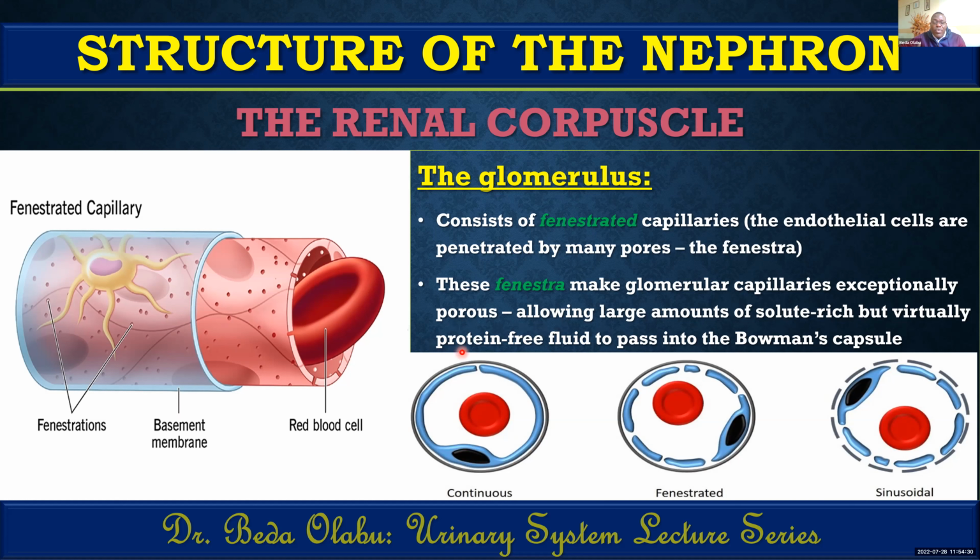The reason the plasma proteins do not pass through is because they're large and also negatively charged. There's something we're going to see that makes negative charges not go through. So anyway, the fenestra allow large amounts of fluid to pass through in the process of glomerular filtration. So anyway, that is the glomerulus.